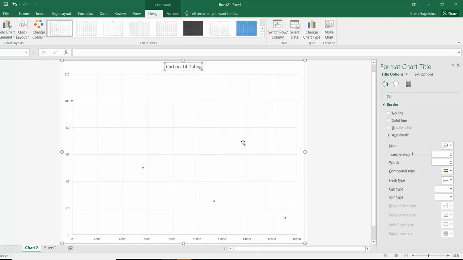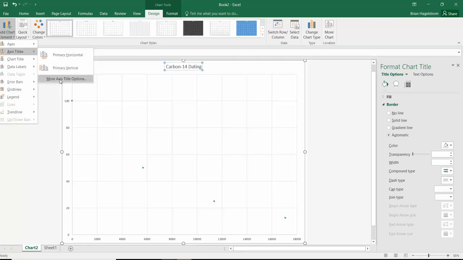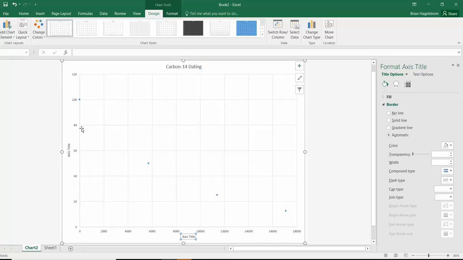And then since I'm not seeing the plus sign, I'm going to come up here to add chart element, look for axes titles, and make sure I get titles on both these axes. Going with this one here, what we have is the percent of carbon-14 remaining.